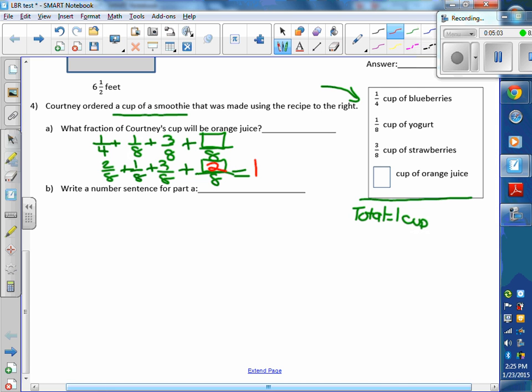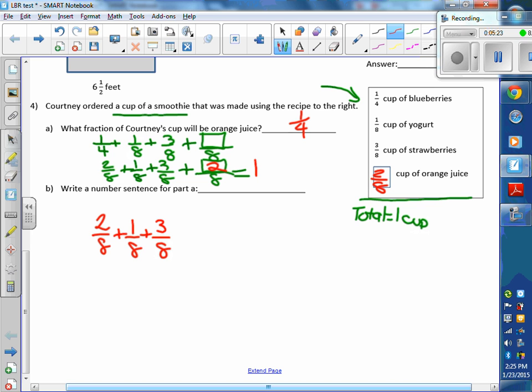So a lot of people had the 2/8 correct, or the 1/4, and then they had a number sentence problem. I want to show you what was wrong on the number sentences. Some people put 2/8 plus 1/8 plus 3/8, especially the girls and Jason, the kids I said to stop for a minute.